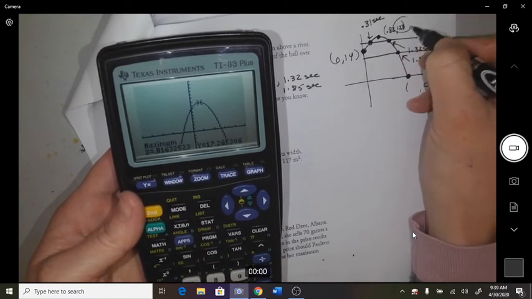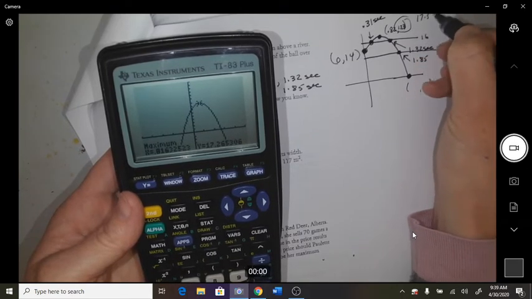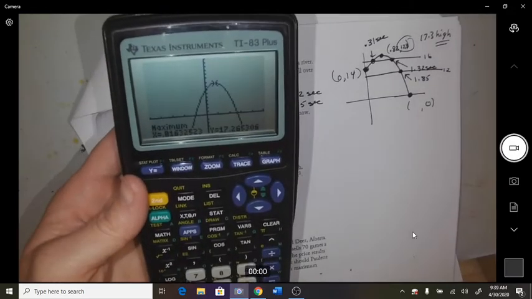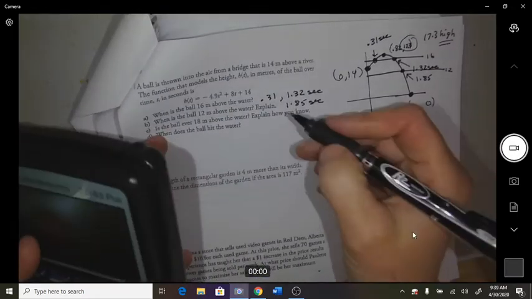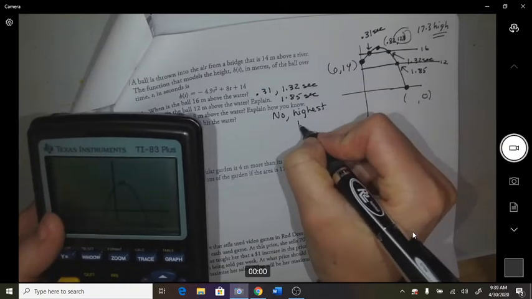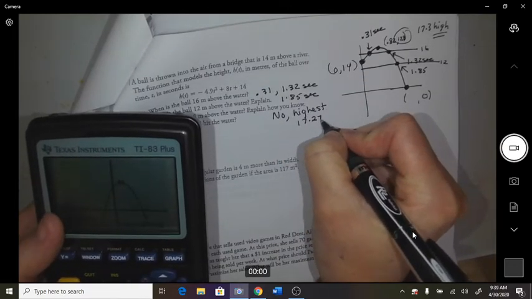So 17.3 is the highest. So no, the highest it would ever go, and it would fall back.